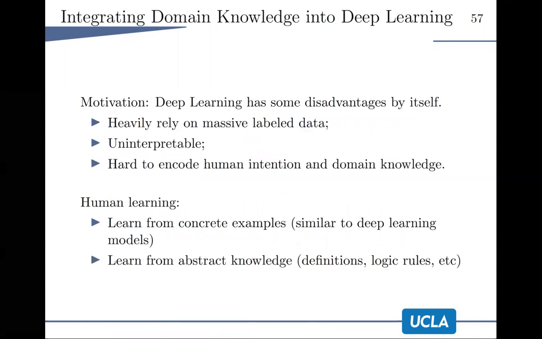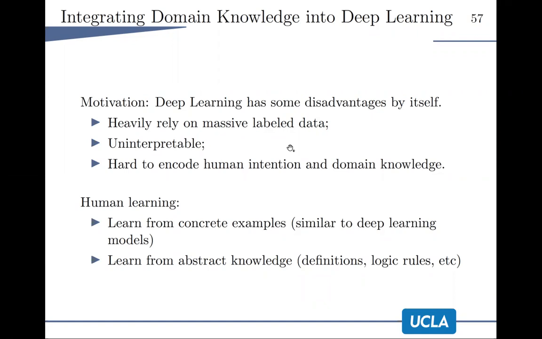And the last topic that we're going to briefly cover is some efforts of integrating domain knowledge into deep generative models. First, the motivation here is that deep learning has some disadvantages by itself.